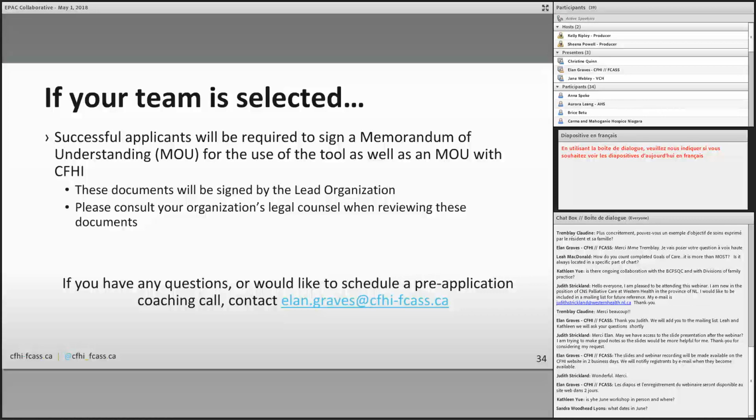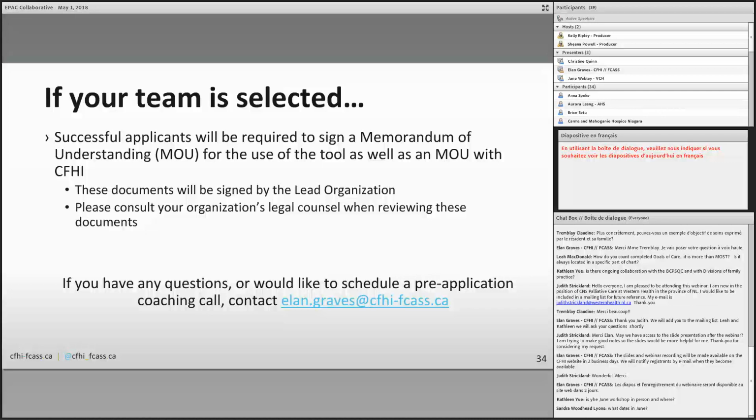So when you review the memorandum of understanding, we recommend that your lead organization follow whatever its organizational processes are for signing legal documents, and if required, consult with any legal counsel, as would be your usual practice. Participating organizations should also consult with their communications departments with respect to any policies around public announcements. And again, if you have any questions, please contact us.